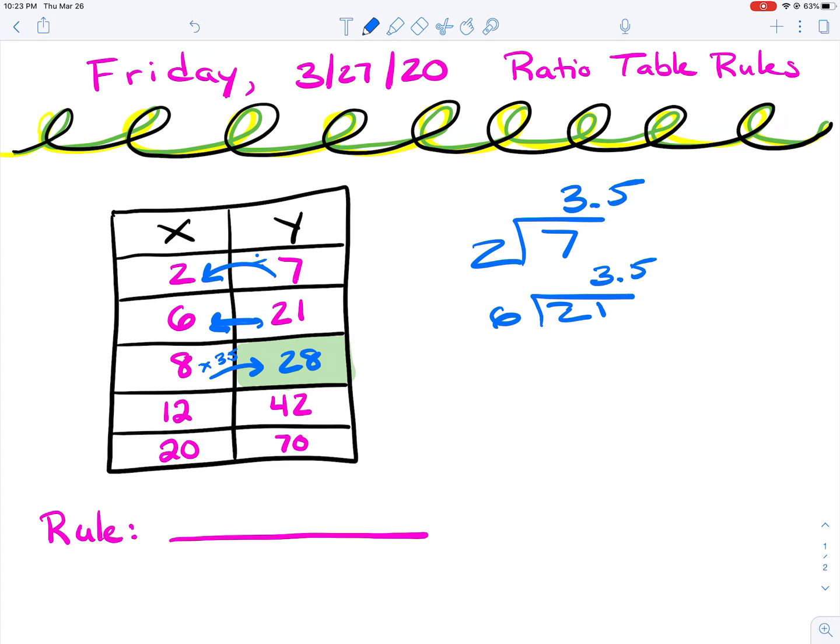So if we know that we need to multiply by 3.5, what we're doing here is x times 3.5 is equal to y. Another way to write that would be 3.5x is equal to y.